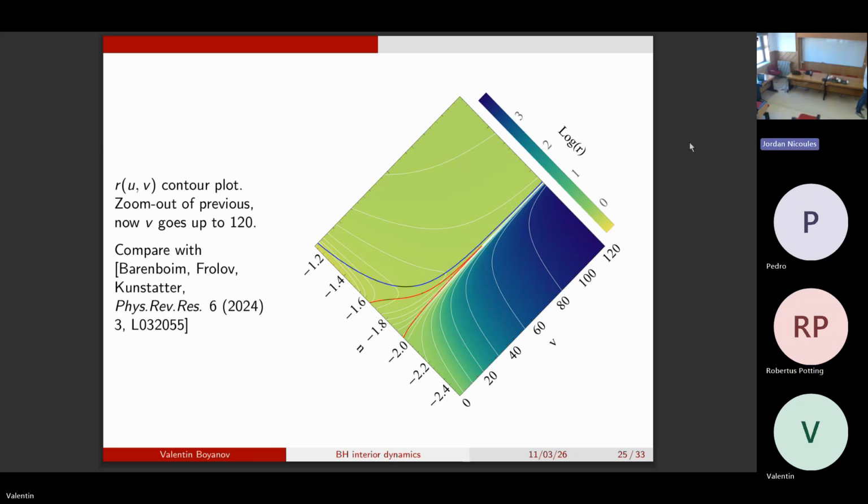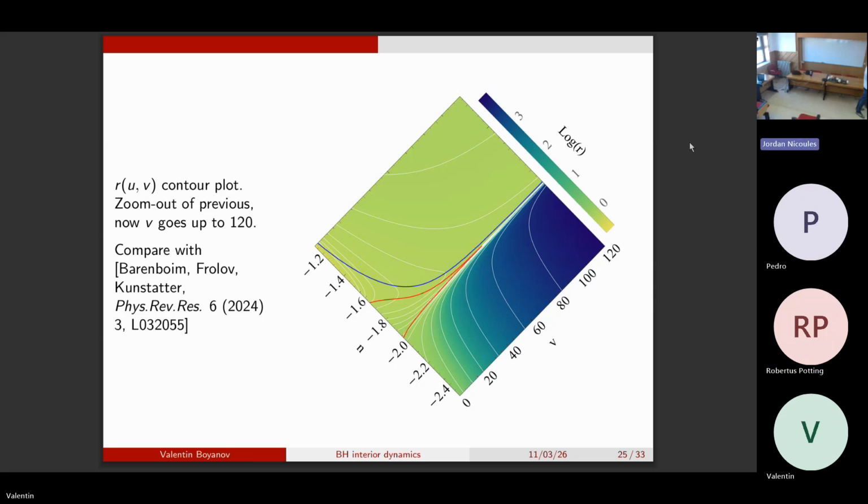But what happens in practice is that yes, there continues to be a high redshift region, which in this case is related to the presence of the anti-trap region. You can see this again from the way that the contour lines of constant redshift behave here. Their behavior remains quite similar to the case of a black hole horizon.